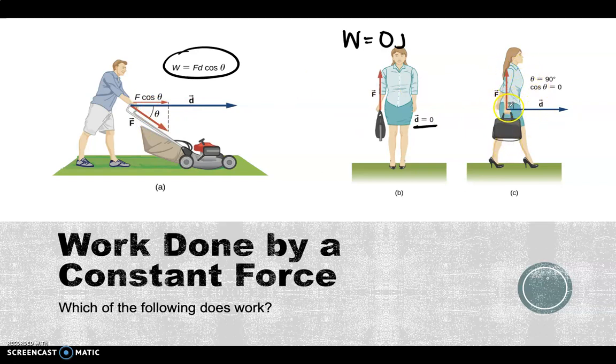So our force vector and our displacement vector are 90 degrees from one another. Now if we plug that 90 degrees into our cosine in this formula, cosine of 90 degrees is 0. That means that, again, the work done here is 0 joules. So just watch out for that when you're going through problems. Make sure it makes sense.